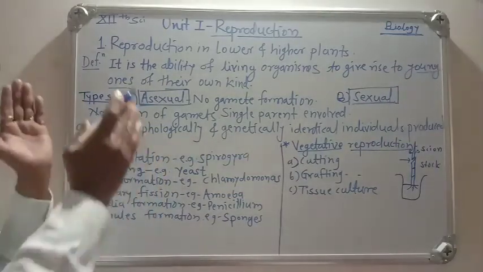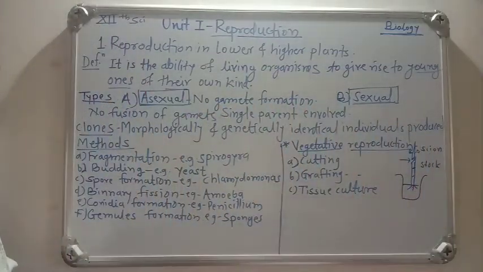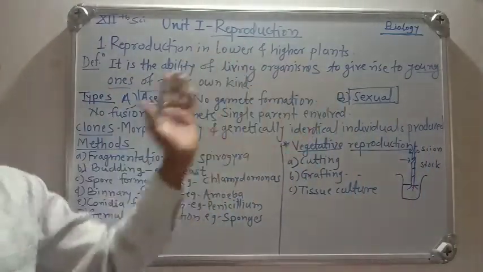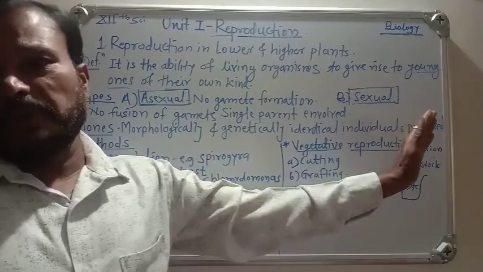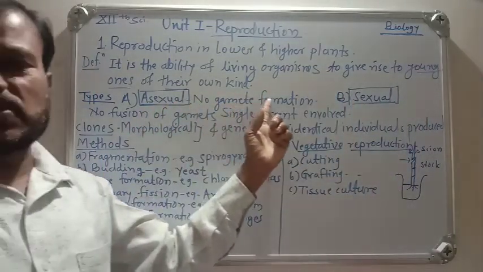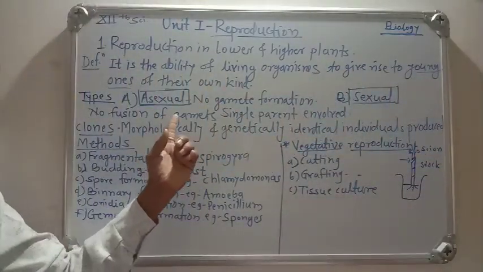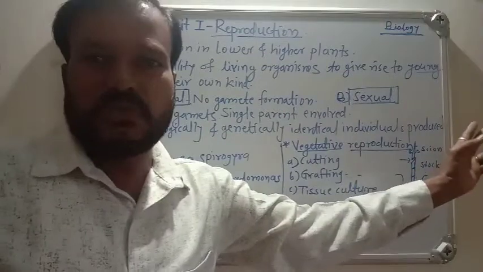Here we have discussed asexual and sexual reproduction. Sometimes a question is asked: distinguish between asexual and sexual reproduction. Very simple, take out the points. In asexual reproduction no gamete formation takes place; in sexual, it does. A single parent is involved in asexual, two parents in sexual.